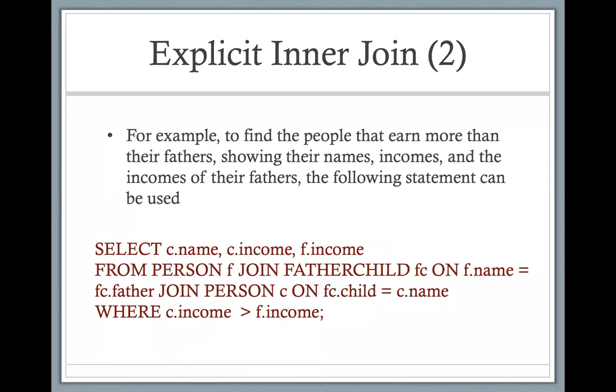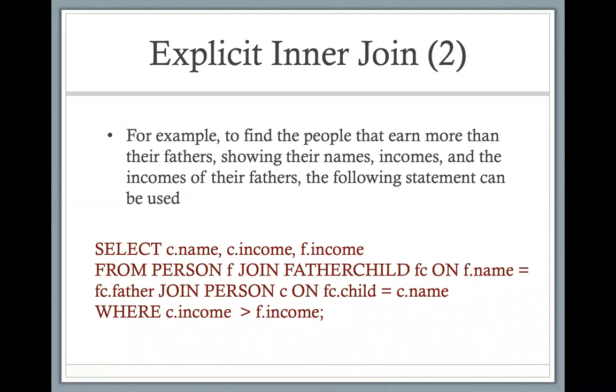So here I'm saying select c.name, c.income, and f.income from person f, that's the copy of person referring to father, join with the table father child, which I call fc, on f.name is equal to fc.father, because the person f refers to the father.